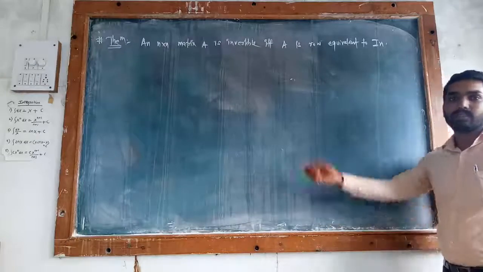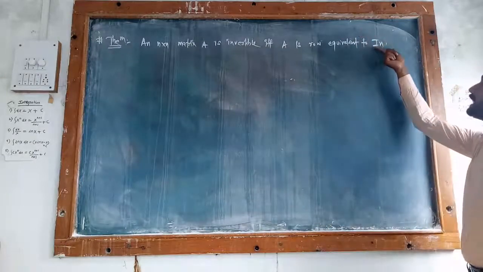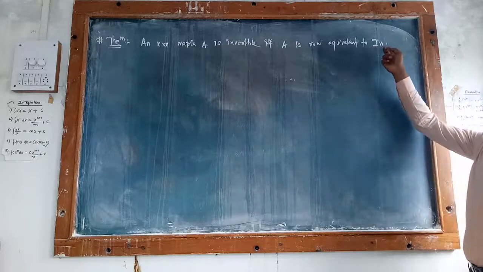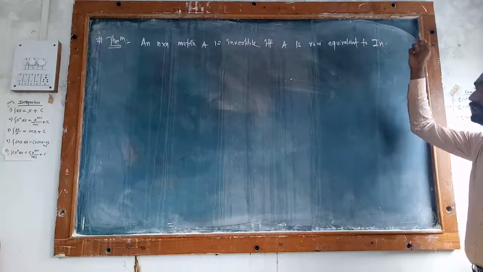Matrix A is row equivalent to matrix I_n. What is I_n? That is the identity matrix of order n, that is n rows and n columns.